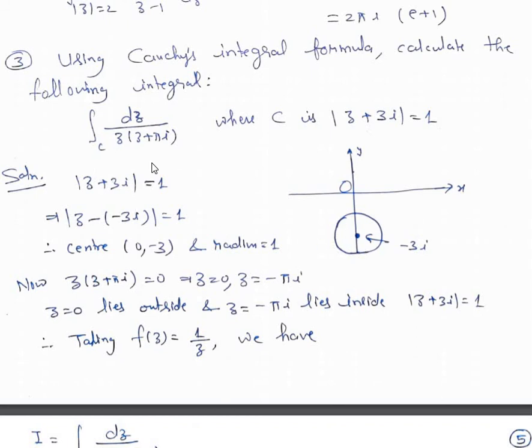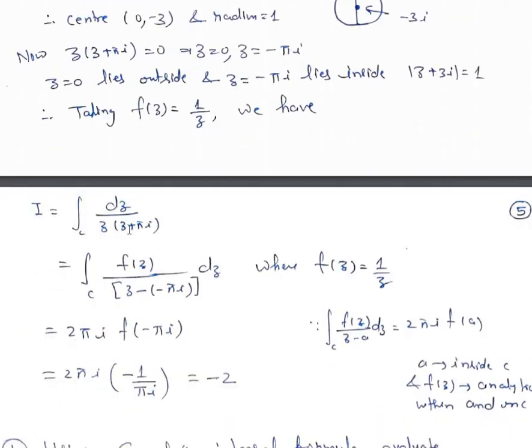Now if you take the denominator as 0, we have z = 0 or z = minus pi i. z = 0 lies outside this circle, and z = minus pi i lies inside this circle. So we take f(z) = 1 upon z, and we have the integral over c of dz upon z(z plus pi i) equal to the integral over c of f(z) upon (z minus (minus pi i)) dz.